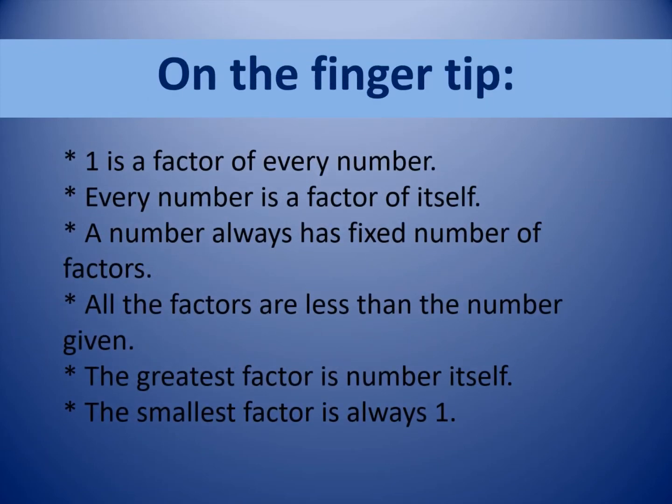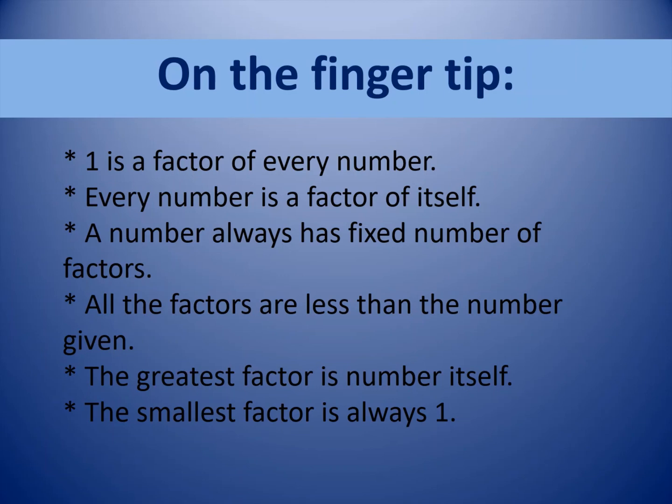Now, for the factors, what should be on our fingertips? Number 1 is a factor of every number. You may have experienced that in all the examples. Number 2, every number is a factor of itself. That also you must have experienced in the examples given previously. Number 3, a number always has a fixed number of factors.